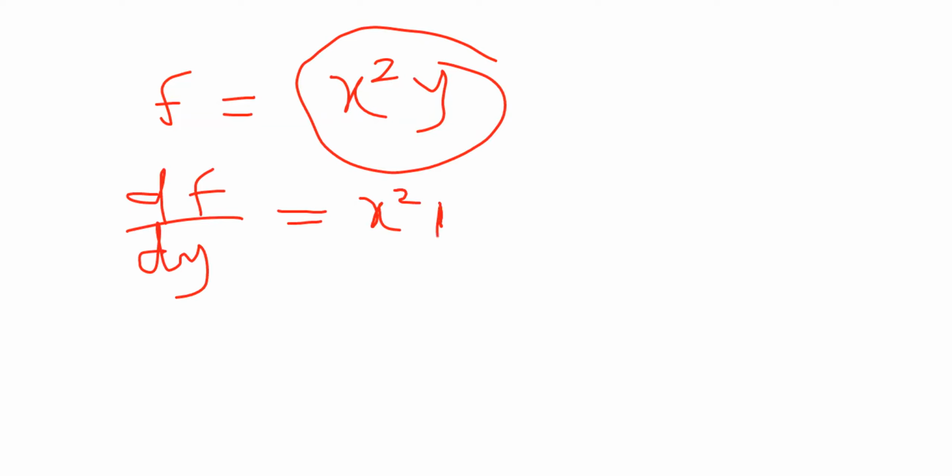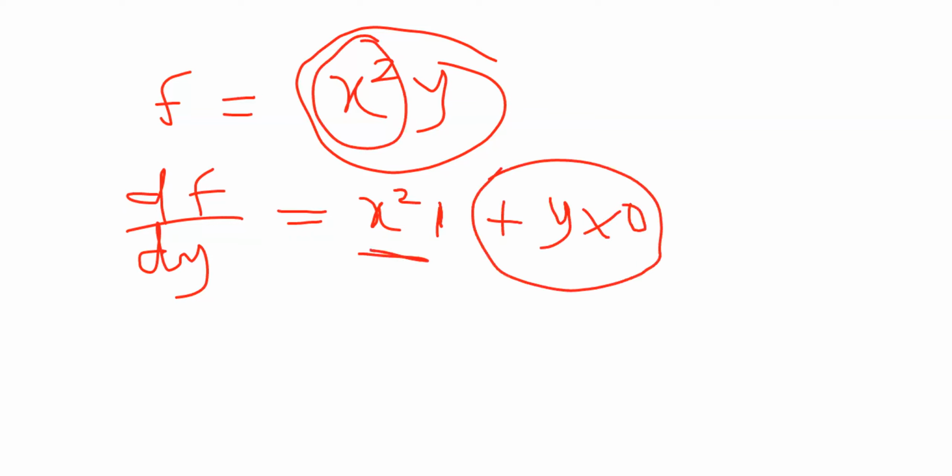Plus y times the derivative of x squared, and x squared is a constant, so it will be 0. The whole of this is gone. This is now your answer.